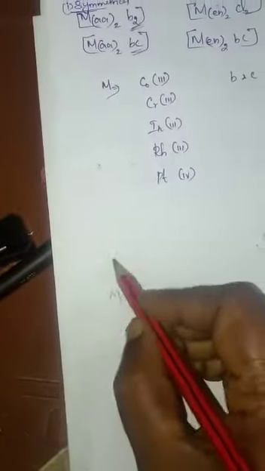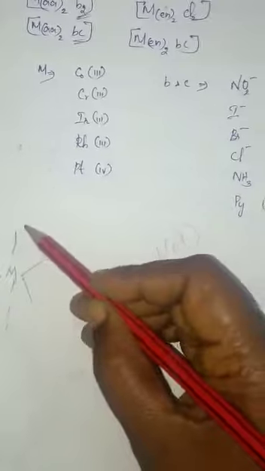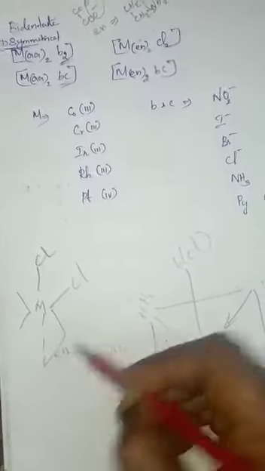If we go for the cis form, what will happen? The central metal atom, one is above the plane and another is below the plane. And for ethylene diamine, I will write it in simple form. Here one chlorine, here one chlorine, and ethylene diamine, ethylene diamine.